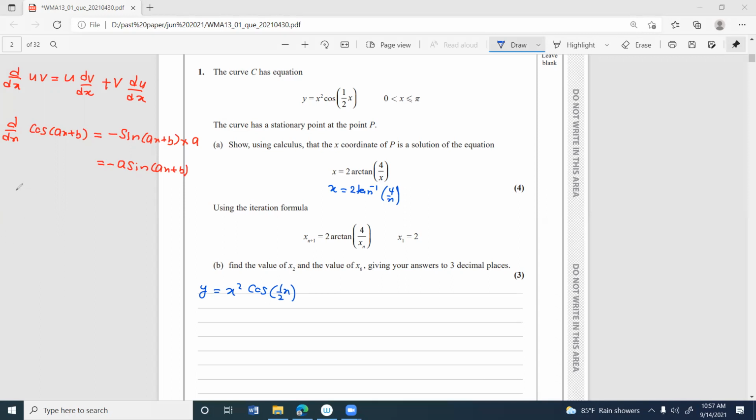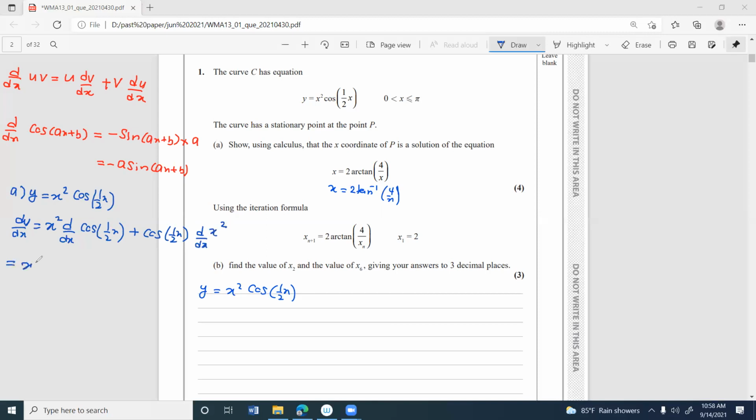Here I'm using the space over here to do this. y equals x squared cos half x, then dy by dx is keep the first function x squared and differentiate cos half x, plus keep the second function cos half x and differentiate the first function.